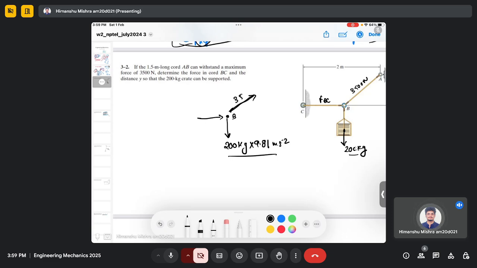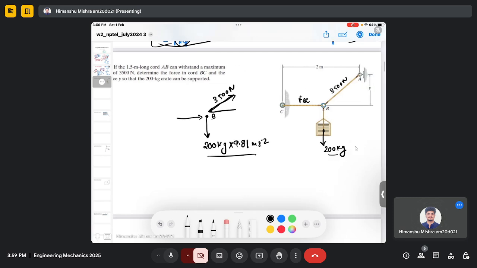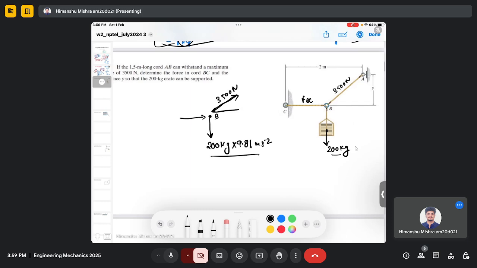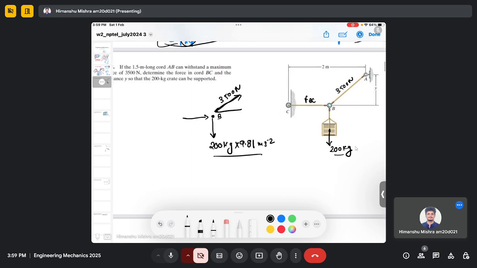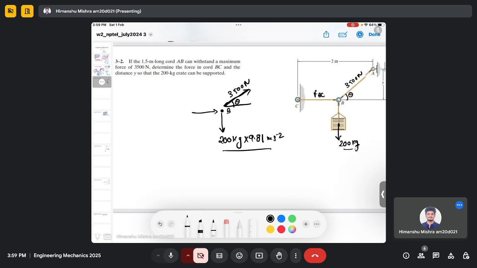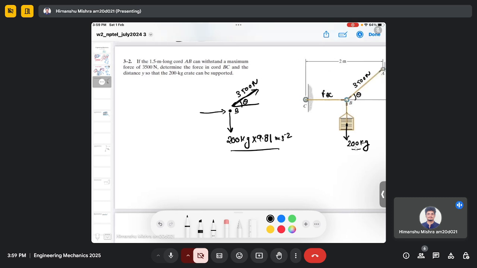This is 3500 Newton, which is acting at some angle theta. We don't know the theta here. And this is force BC.